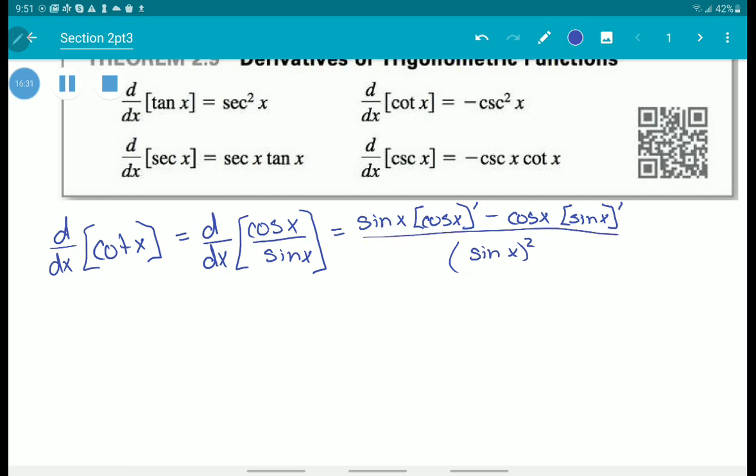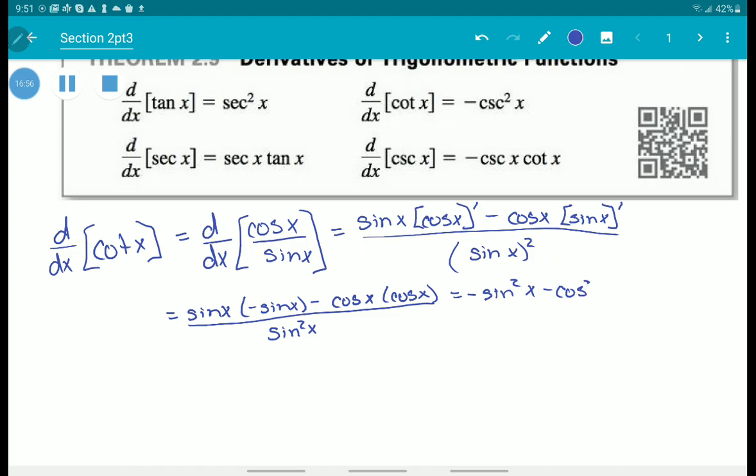So there's my setup. Now if we were to take derivatives, derivative of the cosine is negative sine of x. Derivative of the sine is cosine. So we have negative sine squared x minus cosine squared x over sine squared x.